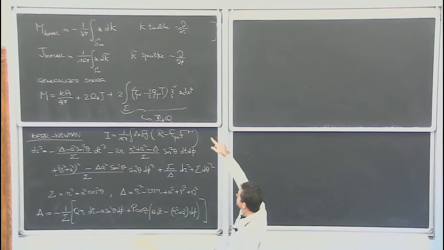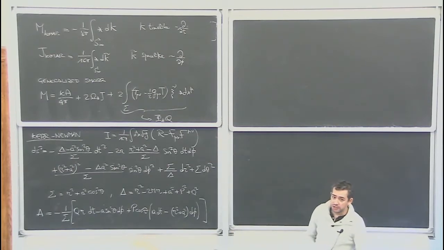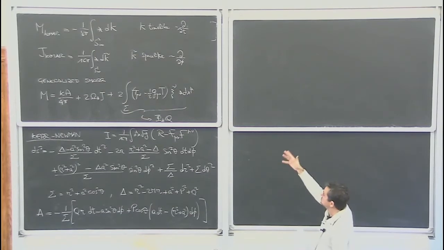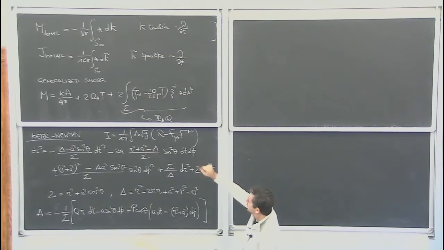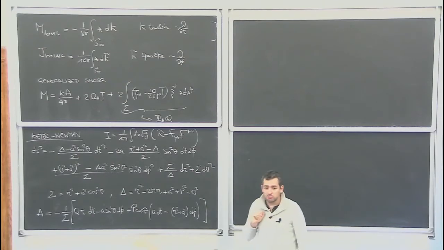In particular, we considered the case where the Killing vector k is always time-like, and we can choose some appropriate system of coordinates in which it is proportional to d over dt. And we define the Komar mass, as you see above. Similarly, for the case where there is a Killing vector that is space-like, it generates a U(1) isometry, we defined a Komar angular momentum.